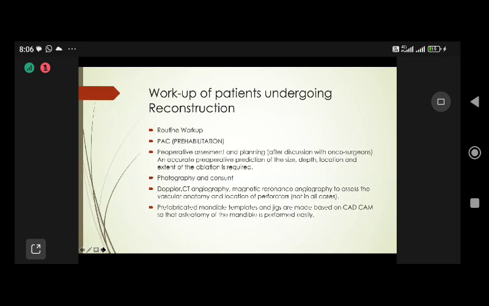Nowadays, we also plan the mandibular osteotomies with the help of prefabricated mandible templates and jigs, which are based on CAD/CAM, which is computer-assisted design and manufacturing.